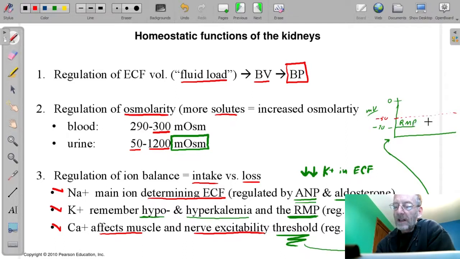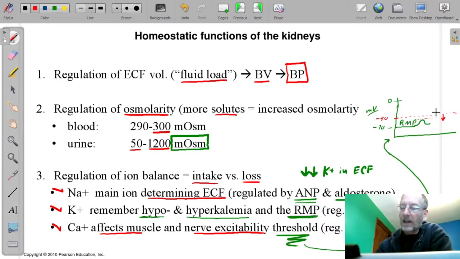The membrane had to depolarize to threshold in order to fire an action potential. So if the membrane depolarized just a little bit and did not reach threshold, no stimulus, no action potential fired. But you can see that if you adjusted this threshold downward through altering the calcium level, you'd have lowered the threshold, and that original stimulus would now have generated an action potential.